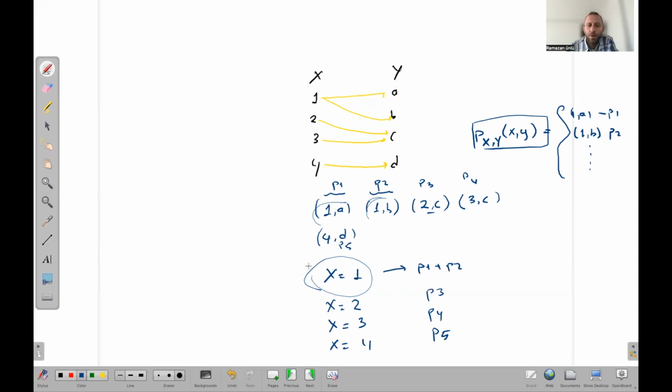So I have calculated the corresponding probabilities for all possible X values, right? And that is actually the probability of capital X, so that is the PMF of X. From the joint probability mass function, I have just extracted the PMF of X. So the logic is simple, easy.